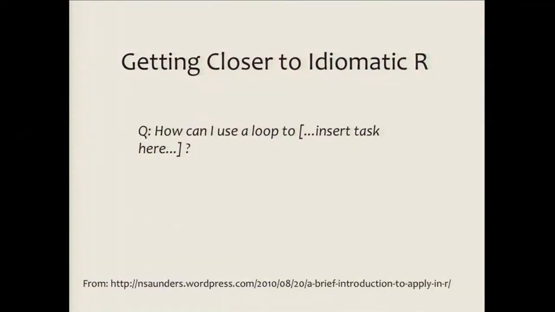So this is a quote from this article here, which just asks, how can I use a loop to do something in R? And the idiomatic answer to that is that you don't. You usually do not use a for loop or a while loop in R. Instead, R provides a family of apply functions. For instance, the lapply function just stands for list apply.